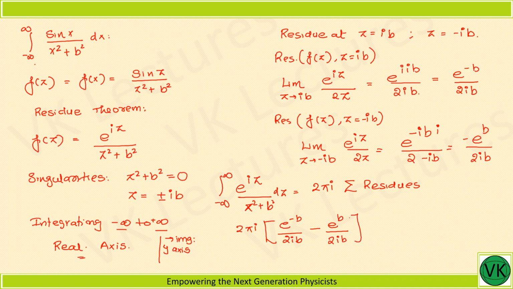So this gives us pi by b into e to the power minus b minus e to the power b. So this is the integration of the given function f of z.